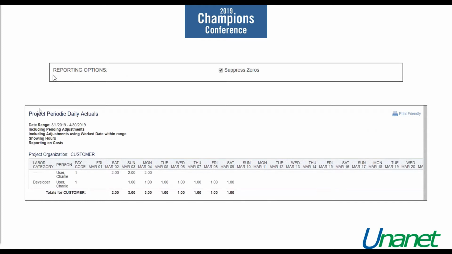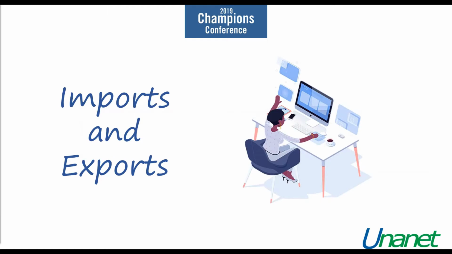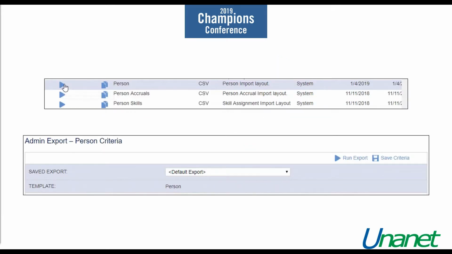All right, hopefully you got some tips and tricks there for reporting that you'll be able to use. We're going to go ahead and move on to the imports and exports section of our tips and tricks. So imports and exports. Once again, you're going to need the system administrator role to do your imports and exports.